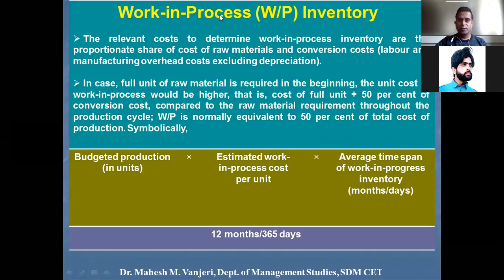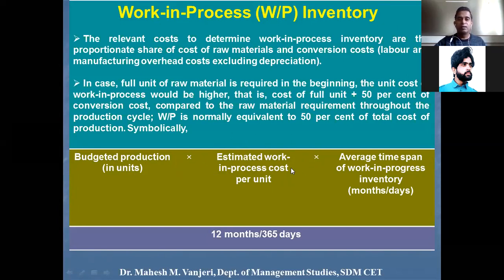Then work in process inventory. You can arrive at it by multiplying budgeted production in units by estimated work in process cost per unit, multiplied by average time span of work in process inventory.